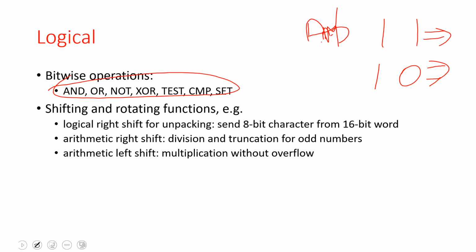Then we can also have shifting or rotating operations. So these are things like logical shifting operations or arithmetic right-left shift operations. Some of these you may have covered in your previous courses, or we may be looking at some of these in a later part.